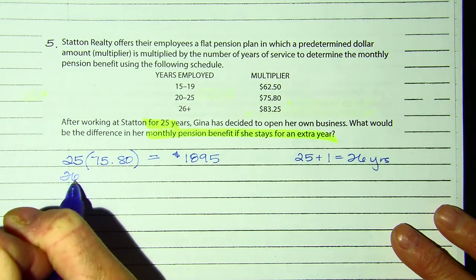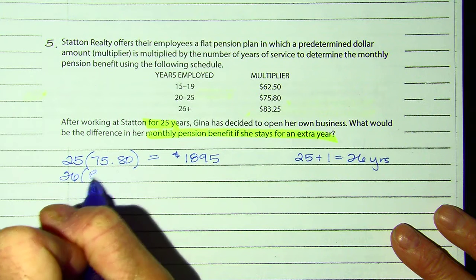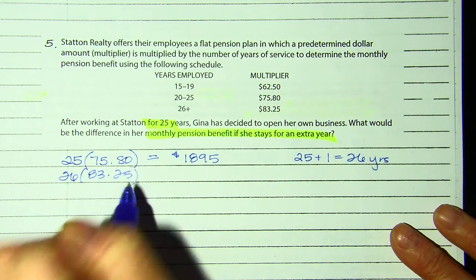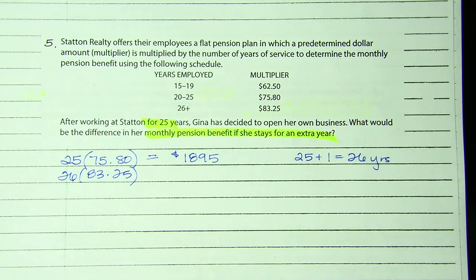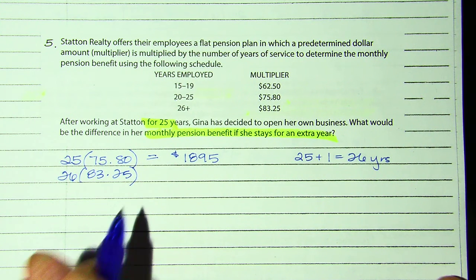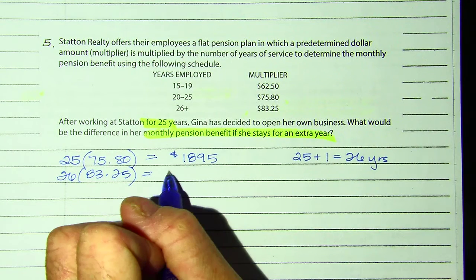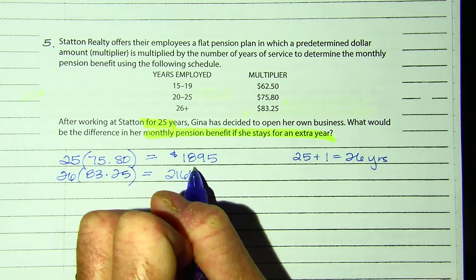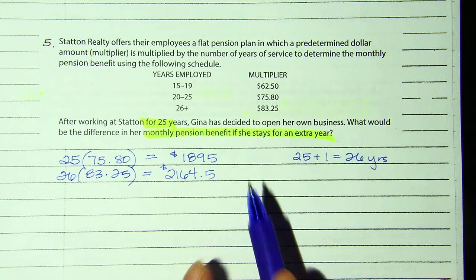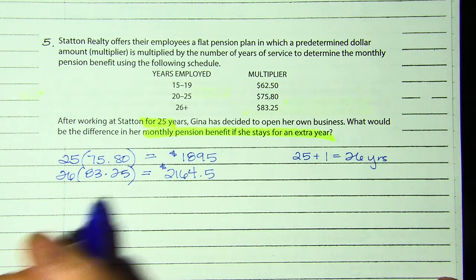Had she stayed 1 more year, so 25 plus 1 would be 26 years. At 26 years, her multiplier jumps to 83.25. So this is trying to figure out if she had stayed for just 1 more year, what could she get per month? So now we're going to multiply 26 times that multiplier, and I get $2,164.50. Notice the difference. So that's exactly what they want to know.